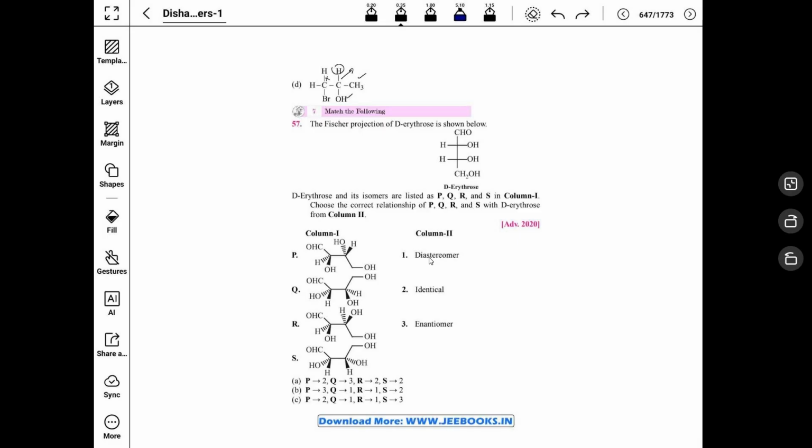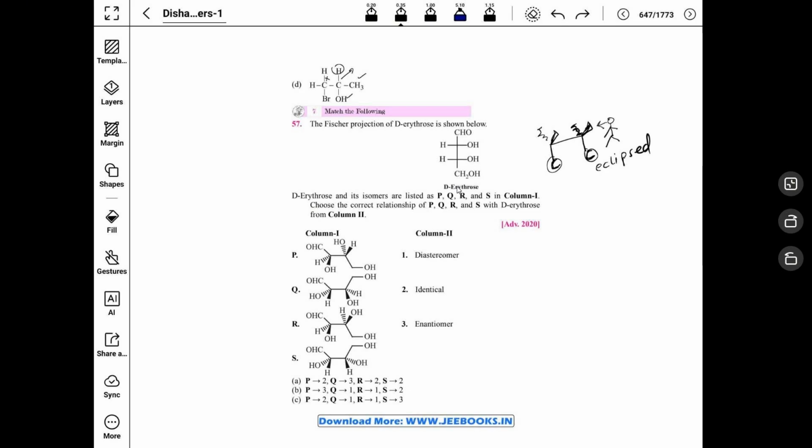So for this, we should have the knowledge about converting Fischer projection to wedge projection or wedge projection to Fischer projection. So let's see how we can do it. When you want to convert wedge projection to Fischer projection, always remember that the carbon chain should be in the eclipsed position. So this should be the eclipsed conformation, and then you have to stand here and see through this.